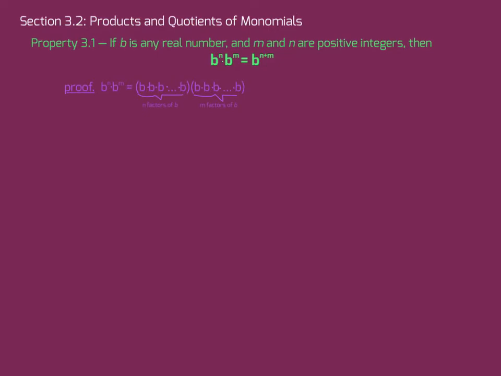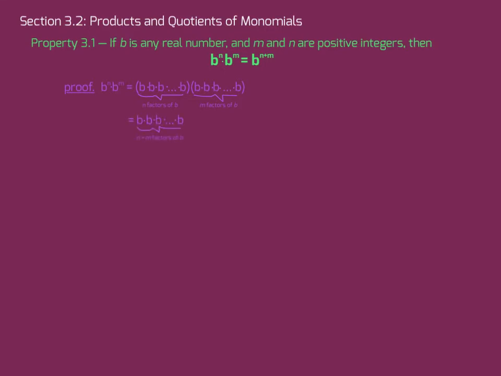Using the definition of exponents, b to the nth power means that we have b multiplied by itself n times, so n factors of b, and then b to the power of m means that we are multiplying it by m factors of b. Think about it. How many total factors of b do we have?